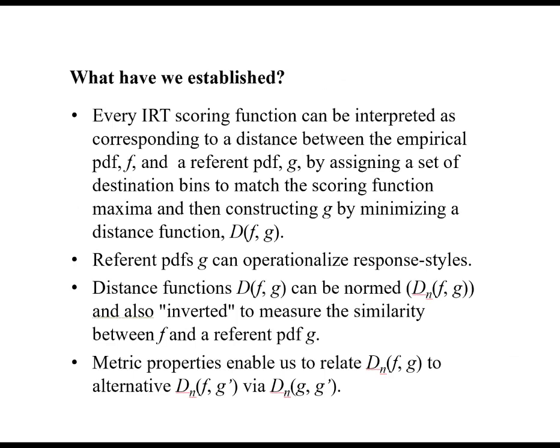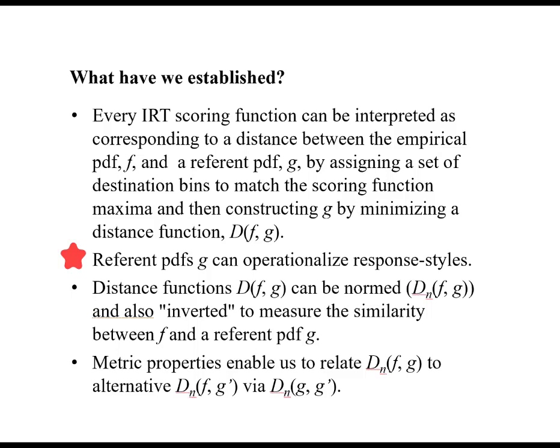Okay, so what have we established? Well, not much, but here's what we've established so far. Every IRT scoring function can be interpreted as corresponding to a distance between the empirical PDF and a referent PDF by assigning a set of destination bins that match a scoring function's maxima, and then constructing G by minimizing a distance function that we've chosen.